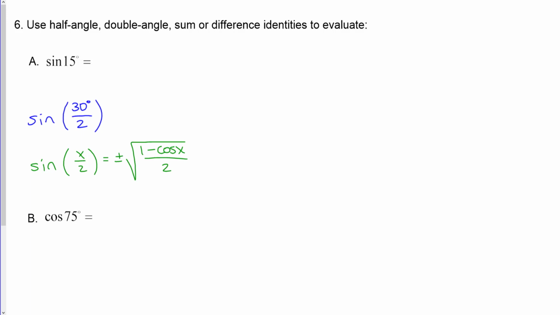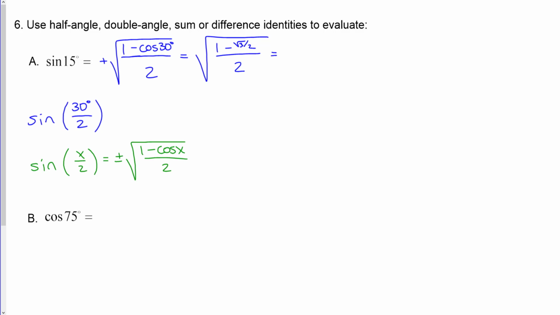So in this case, this would be the positive because I'm in quadrant 1, so plus. So 1 minus cosine of 30 degrees divided by 2. And if you're unsure, grab your unit circle at this point, but cosine of 30 degrees is going to be root 3 over 2. So this is the square root of 1 minus root 3 over 2 divided by 2.